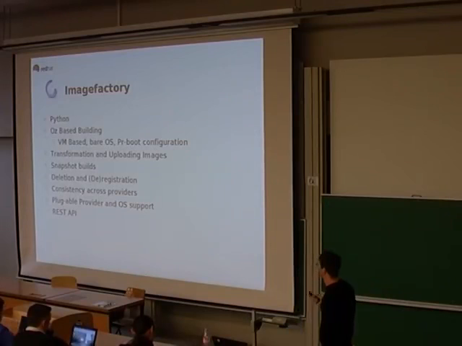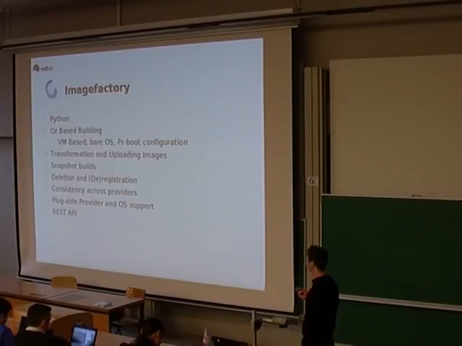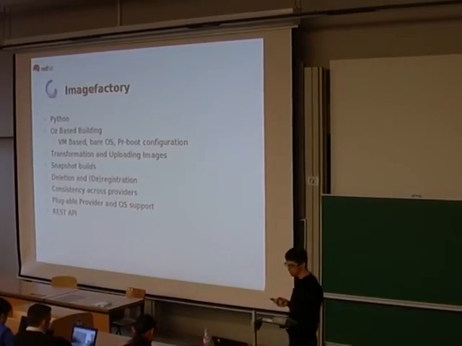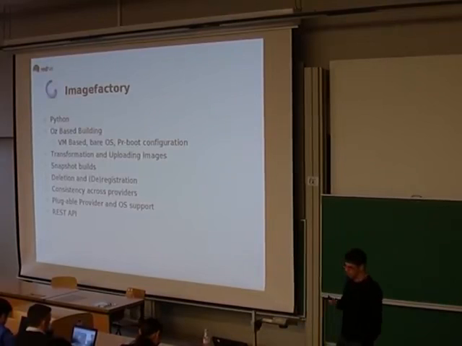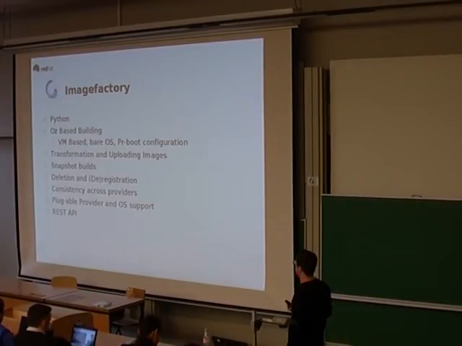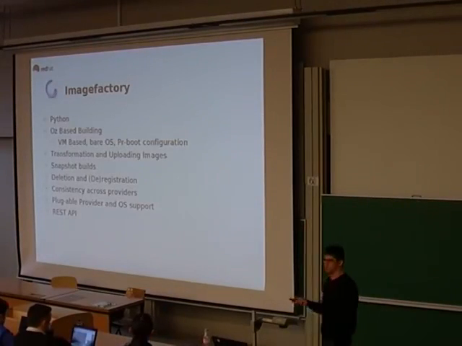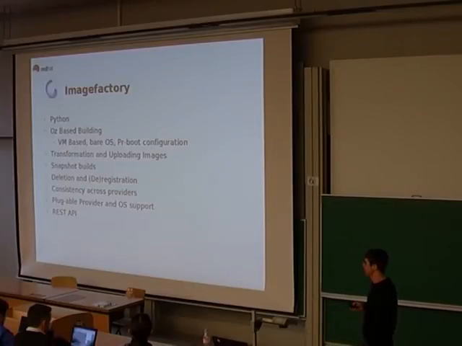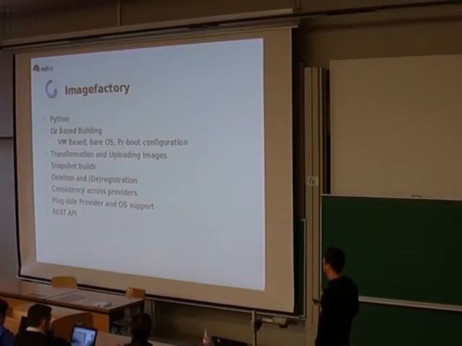So we use it actually for the image building part of it. We use a tool called Oz, which is a completely independent project. And Oz is a tool that automates installation of operating systems and so on.